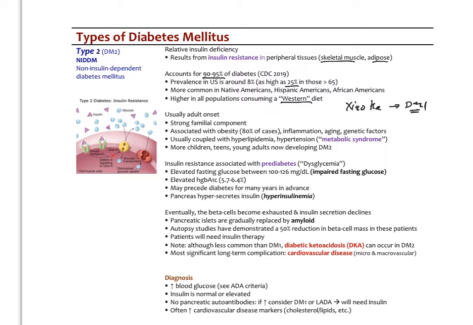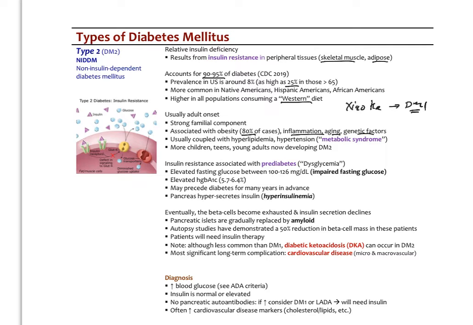Usually there's, again, a strong familial component. The identical twin studies show a 90 to 100% concordance with genetic factors. And most cases are also associated with obesity. So that's about 80%. Notice that's not 100. But we think also inflammation, aging, again, the genetic factors.